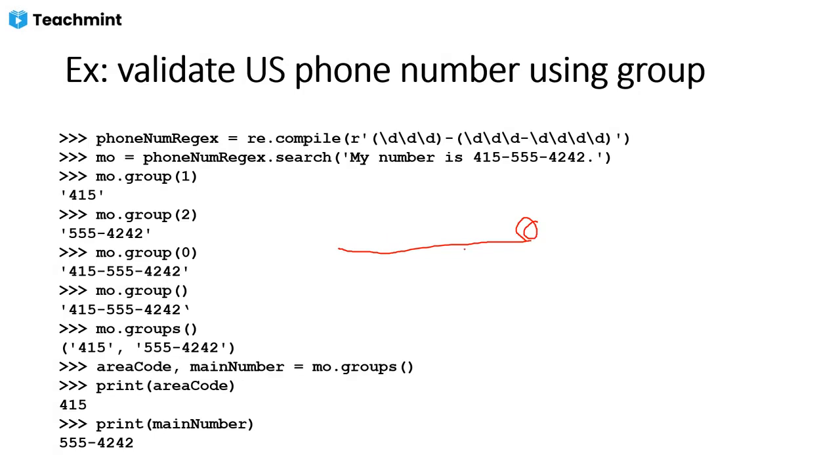The first part is the username, second part is the service provider name. What do I have to use? I have to use the group here. The first group is the username part, second group is the service provider part.